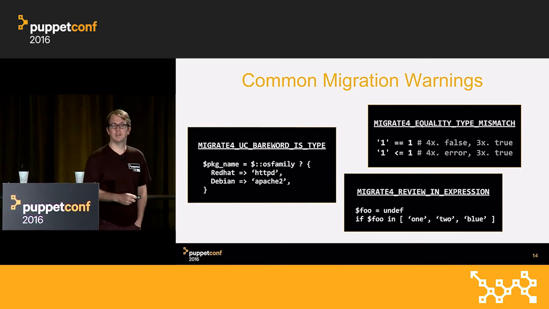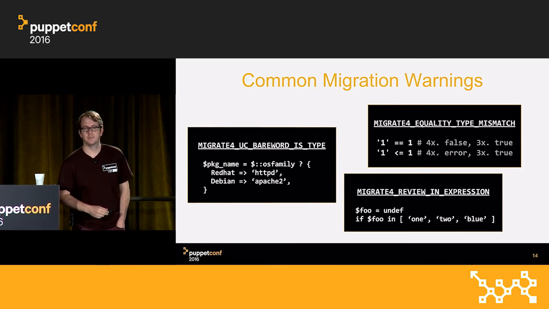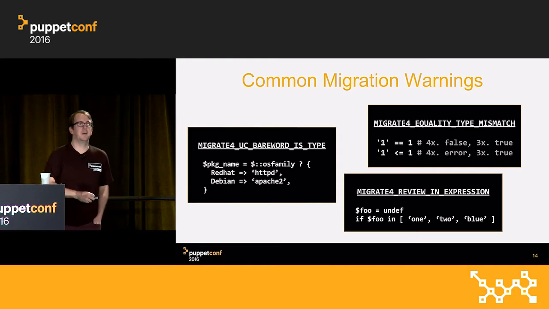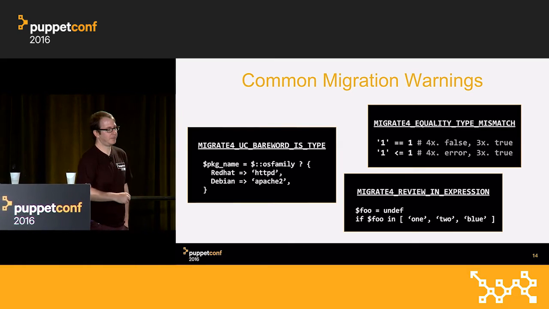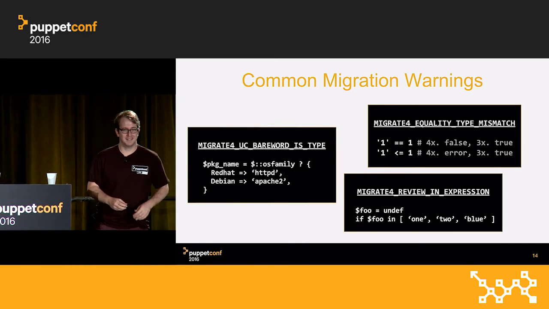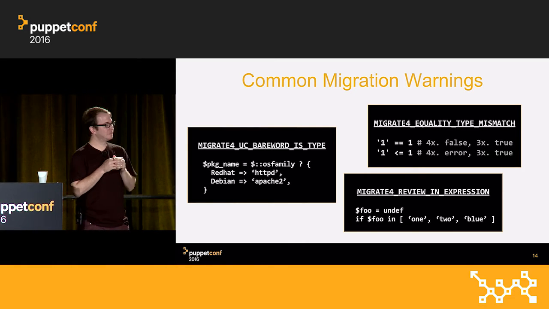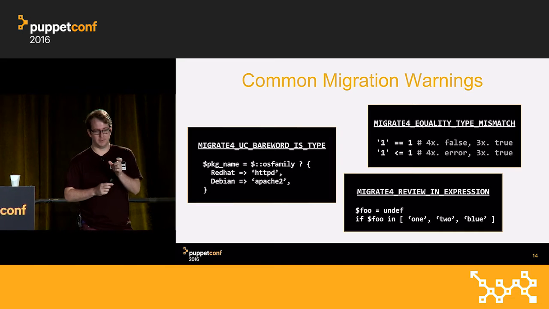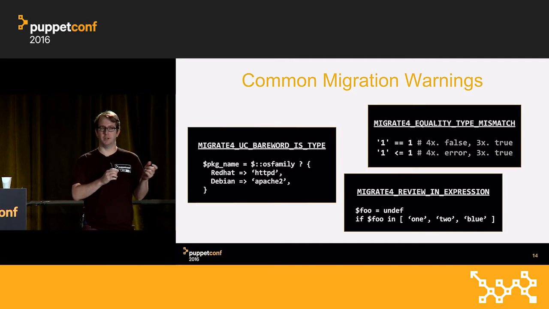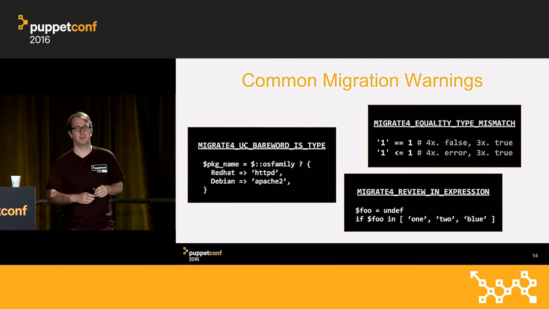Excuse me? He asked, how would you know to do that? Yeah, the question was, how to know to do that. In the error message that you would see in Puppet 4, you would see Red Hat with a capital R, unknown type, something similar to that error message.